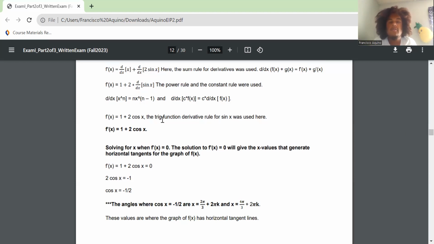And so after you do the work, these are the values where the graph of f of x has horizontal tangent lines. These values end up being multiples or other versions like it, like if you change the constant.